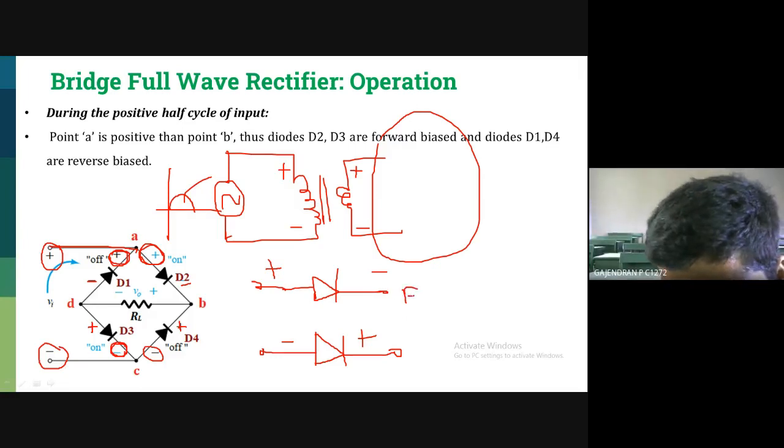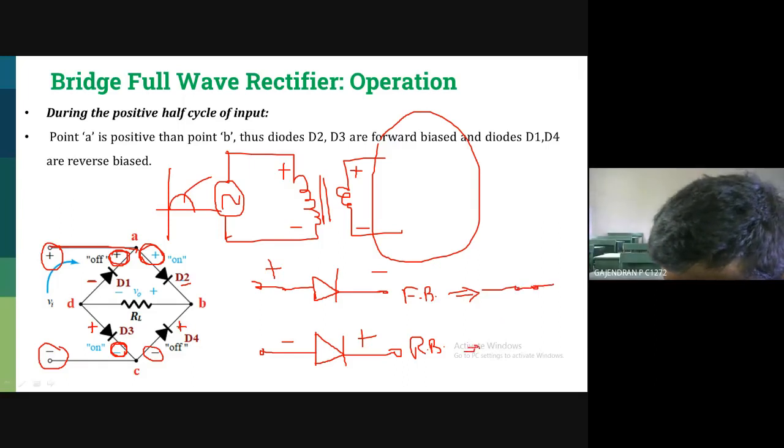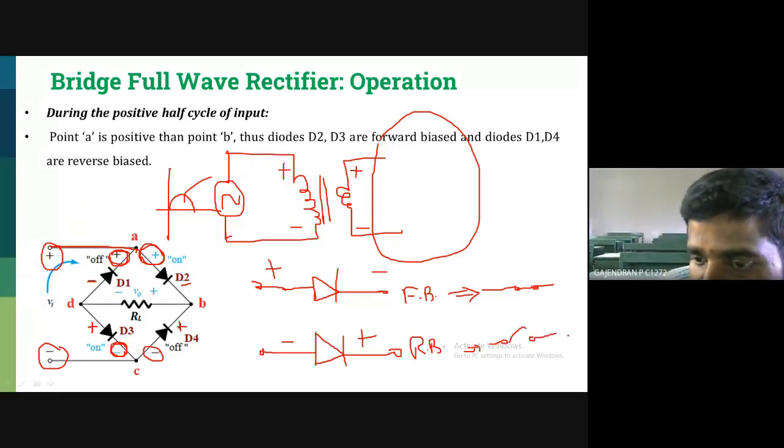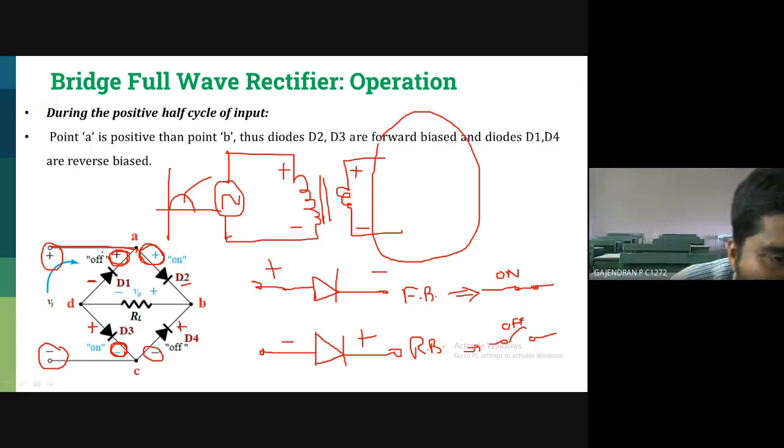So this is forward bias, this is reverse bias. So the equivalent of this is, this diode will get closed. இந்த diode எப்படி இருக்கும்? Open. So open circuit. In the closed condition we say it is on, and this is off. Now you check here.